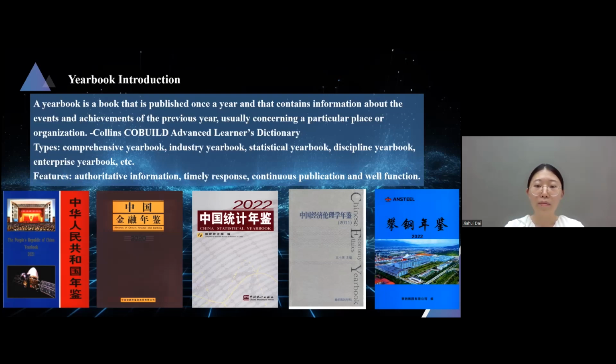Annual publication means continuity, so we can not only use them to compare horizontally, but also make vertical comparison. Fourthly, yearbooks are very functional. As a reference book, yearbooks have reasonable layout and design, and clear entries, which is convenient for readers to look at.